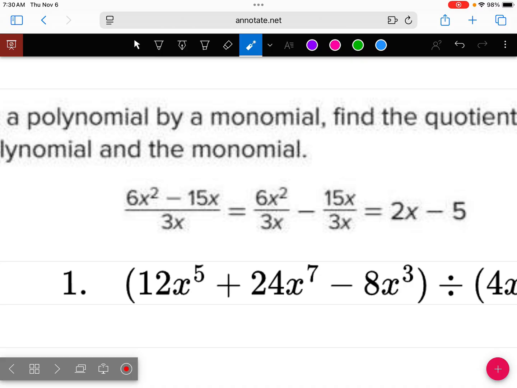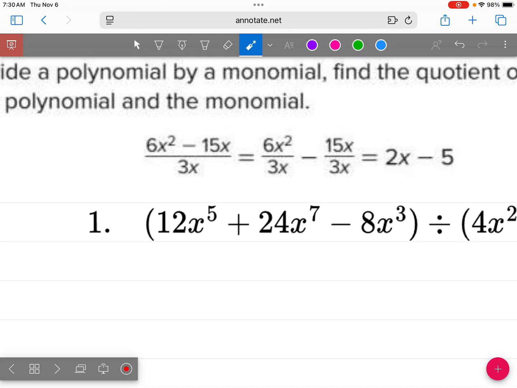So our first example is this one. We've got 12x to the 5th plus 24x to the 7th minus 8x cubed, divided by 4x squared. The first thing we're going to do is write this as one big fraction.